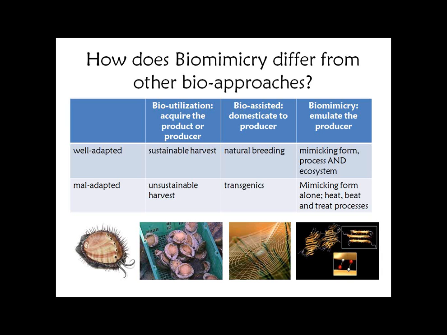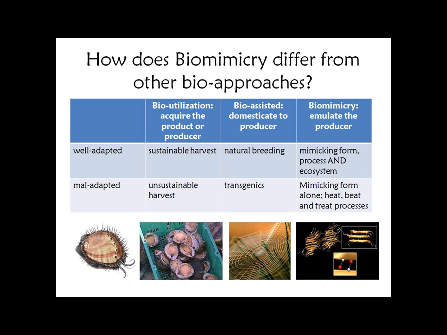One is abalone. A well-adapted bioutilization strategy would be a sustainable harvest of wild abalone for nacre. A bioassisted example would be natural breeding of abalone for farming, for example. And a well-adapted biomimicry strategy would be mimicking the self-assembly process of the abalone to produce ceramics.